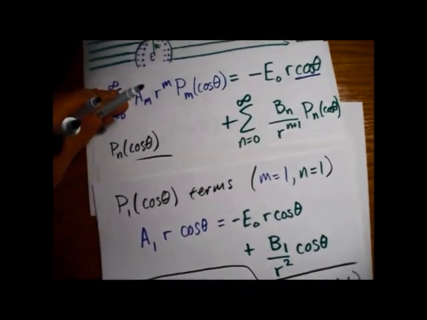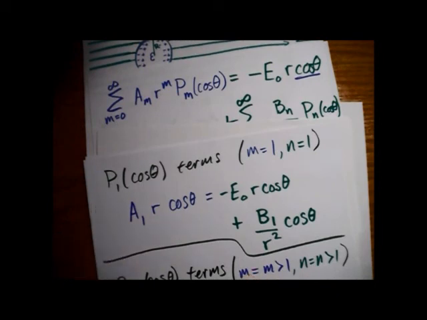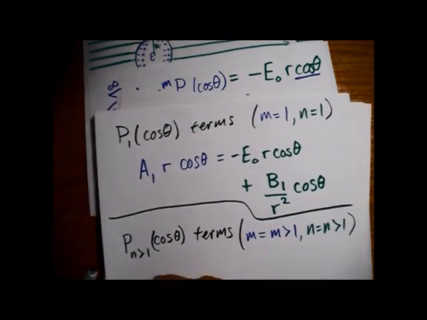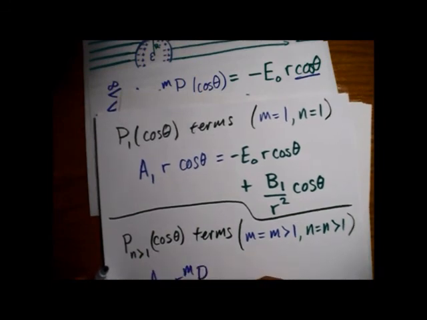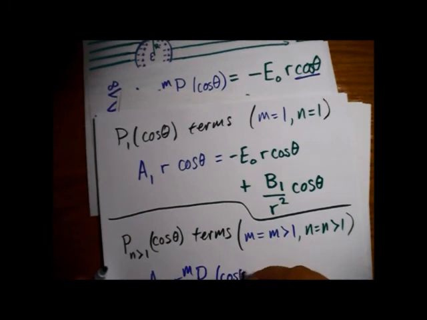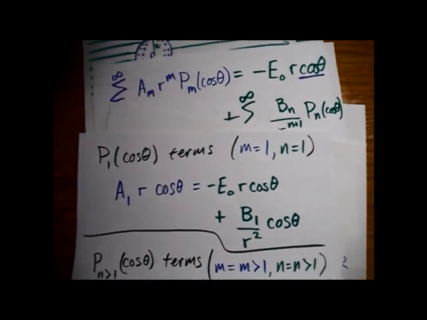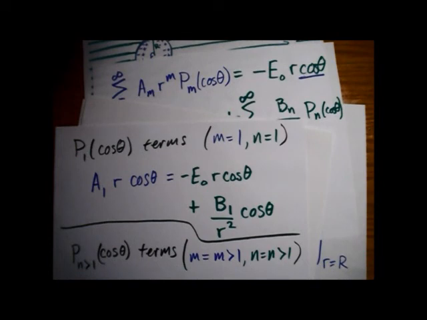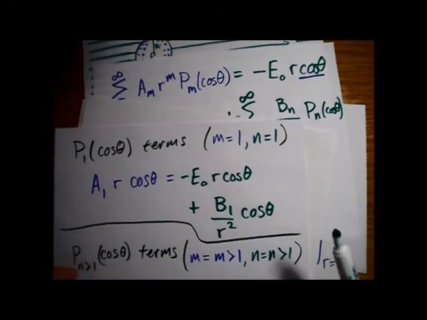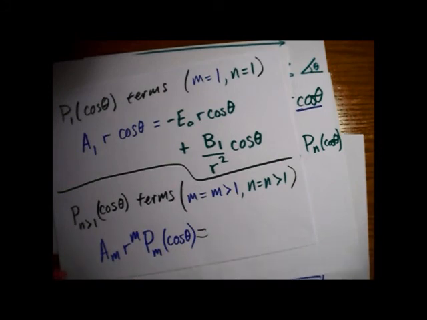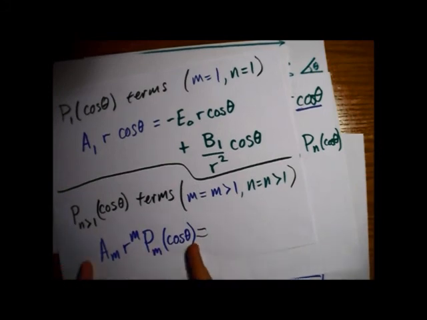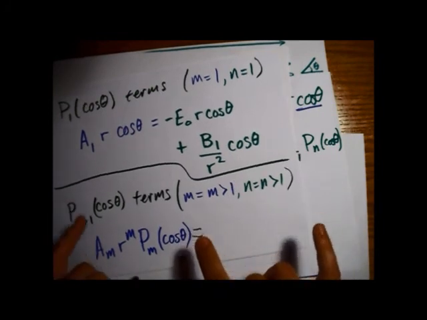All right, so what do we get for this? Well, we get an a sub m, r to the m, Legendre polynomial of m, cosine theta, or an mth order Legendre polynomial. And that is going to be equal to this other side. And I took away the sum, right, because we're looking term by term. So rather than an infinite sum on this side and an infinite sum on this side, we're looking at an infinite sum of equations.